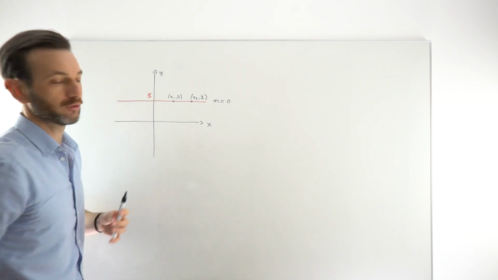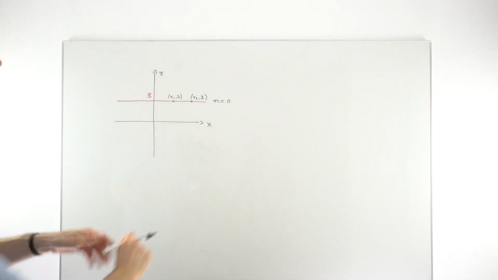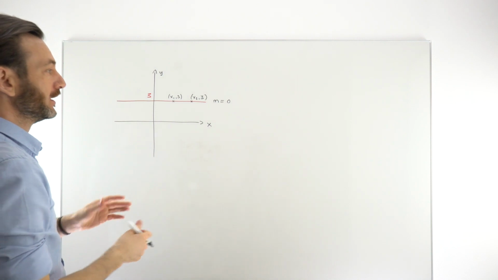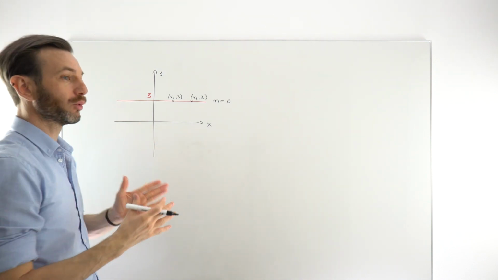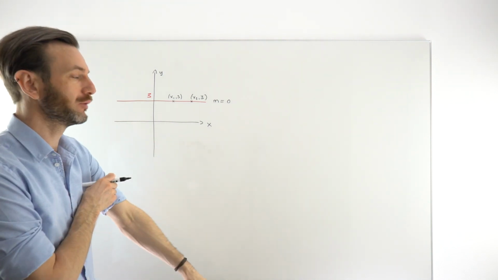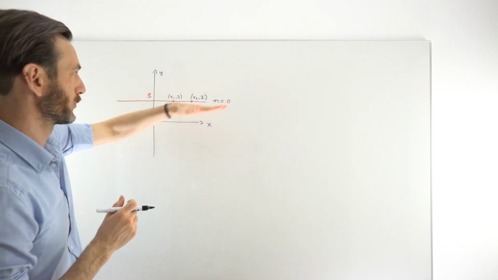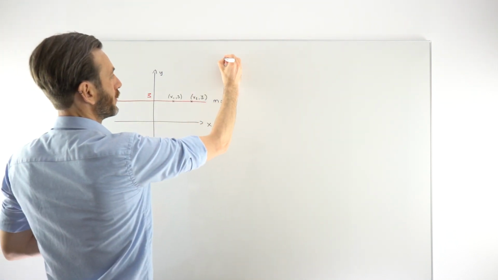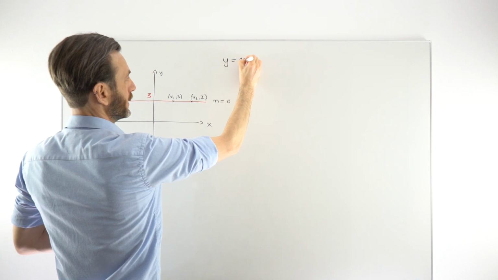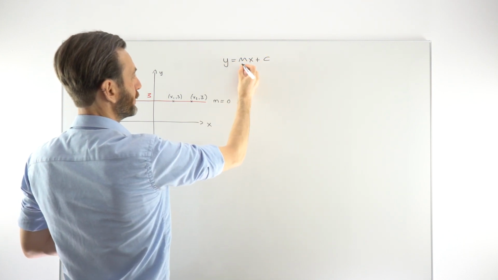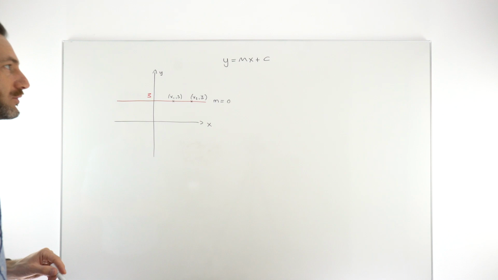But we're not just interested in the gradient. I mean, we are interested in the fact that it's got a 0 gradient, and we can use that, but we're more interested in the equation of the line. How do we write the equation of our horizontal line? We know that straight lines in general have the equation y equals mx plus c, where m is the gradient and c is the y-intercept.